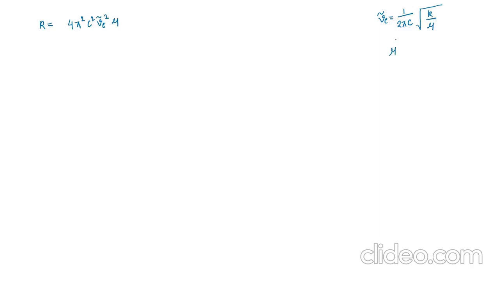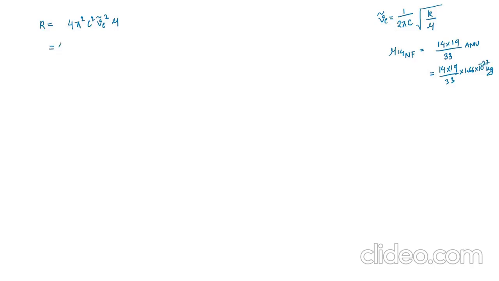What is your mu here? 14 into 19 divided by 33 AMU, that is 14 into 19 by 33 into 1.66 into 10 to the power minus 27 kilograms.